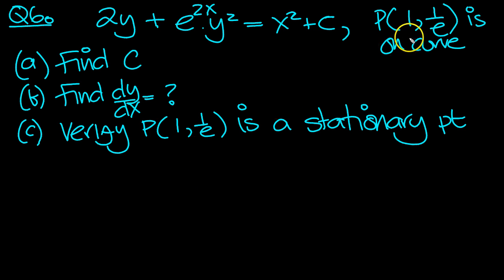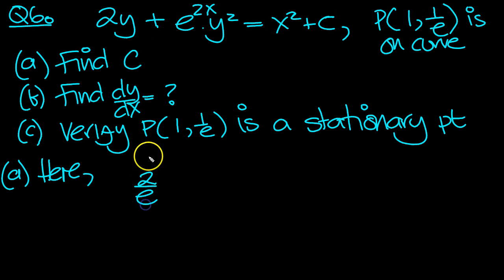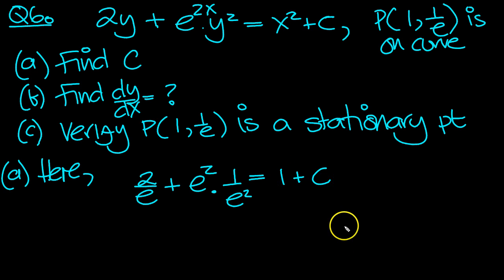We're told this is on the curve, so let's do part A. We know the curve goes through this point, so the x value is 1 and the y value is 1 over e. So 2 over e, put the 1 over e in here, plus e to the 2 times 1, which is e squared, times y squared, which is 1 over e all squared, so that works out at that, is equal to x squared, which is 1 squared, which is 1, plus c.